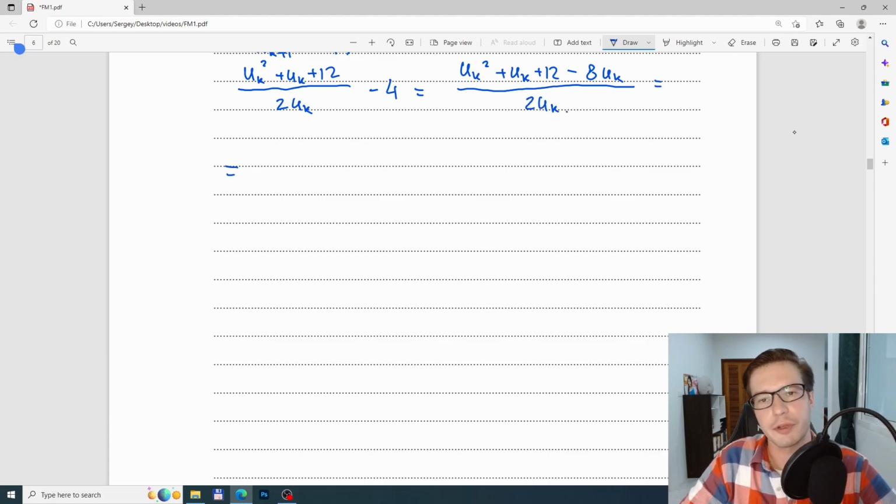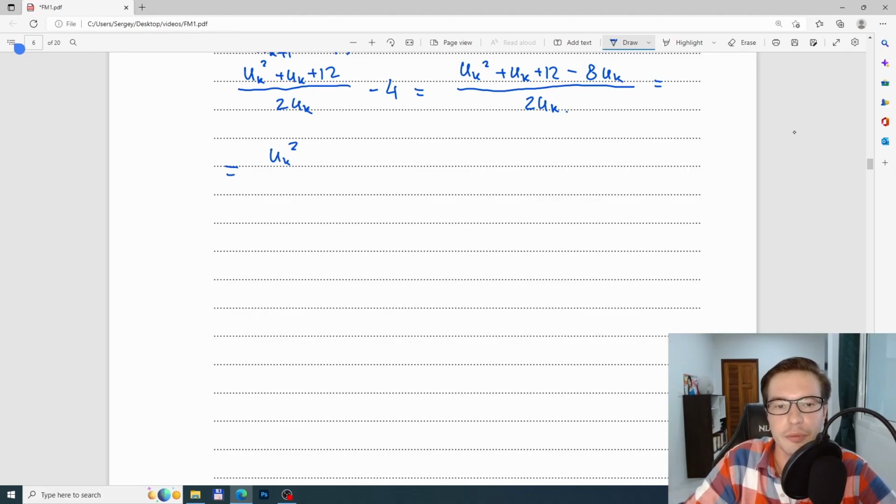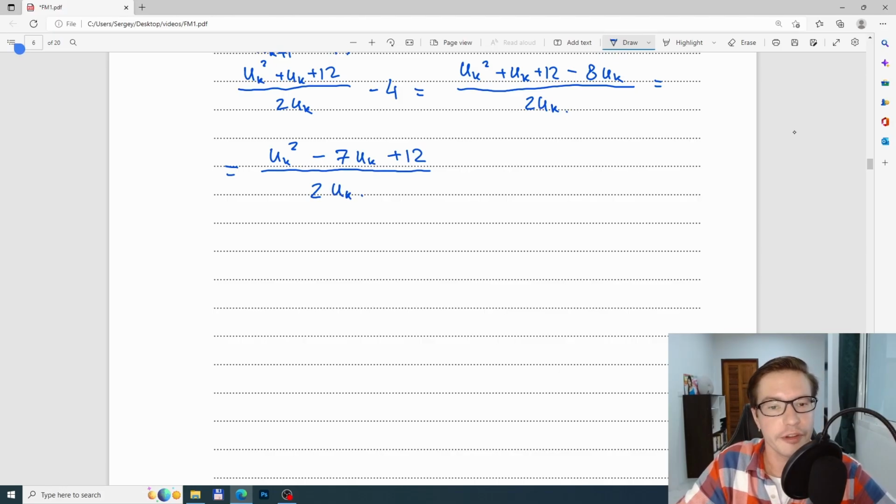Okay, now let's simplify this and we'll get uk squared minus 7uk plus 12 over 2uk. Now remember, I have to prove that this is bigger than 0. I can try to factorize the quadratic on top and see what I can get.